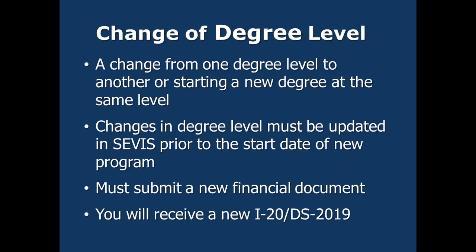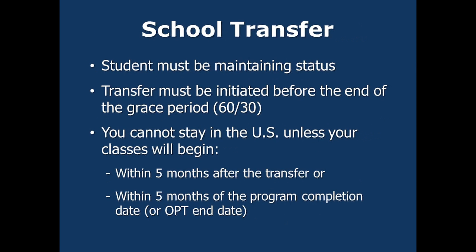These changes must be updated in your student visitor information system, or SEVIS, before you start your new program. You must also submit a new financial document showing that you have sufficient funds to pay for your new degree, and you will receive a new I-20 or a new DS 2019.